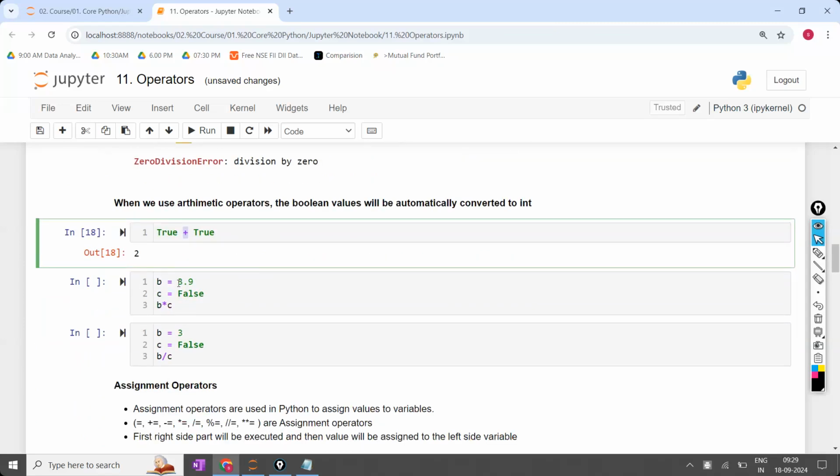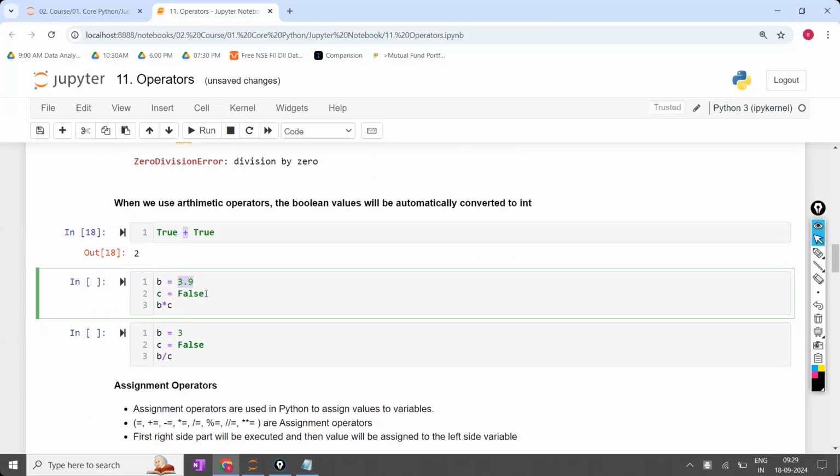Next, B is equal to 3.9, C is equal to False. B into C. What is B into C? That is 3.9 into 0. Why? Because int of False is 0. Why is it considered int of False? Because the multiplication symbol is there.